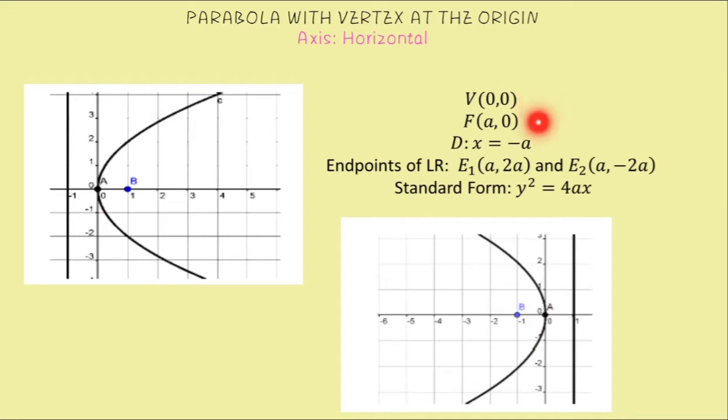Vertex is at 0, 0. Focus is at a, 0. The directrix is at x equals negative a. The endpoints of the latus rectum are, endpoint 1 at a, 2a, and the second endpoint at a, negative 2a. And again, the standard form is given by y squared equals 4ax.